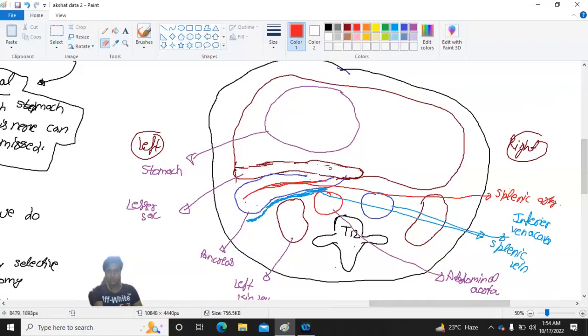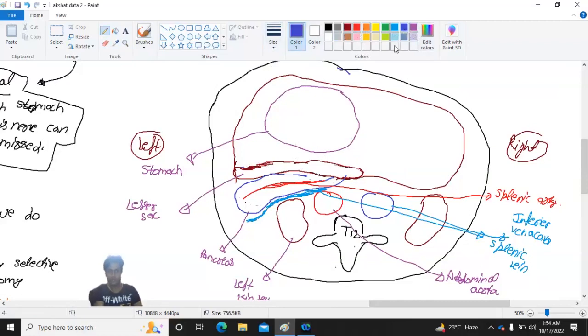Then this is the lesser sac, and this is the pancreas.